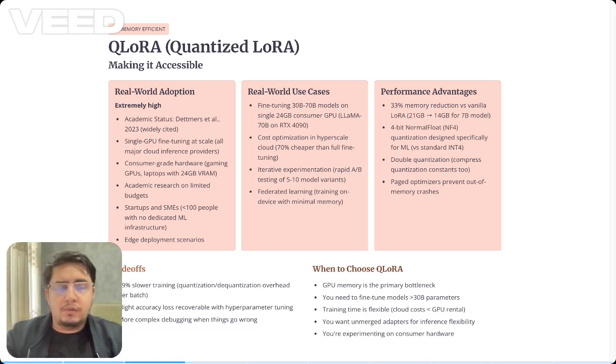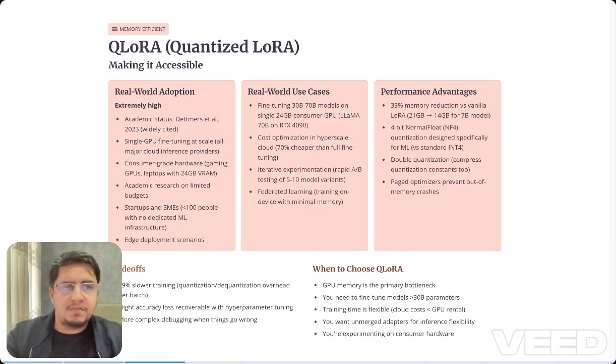Real world use cases include being able to fine tune 30 to 70 billion or even larger parameter models on limited or constrained hardware, and it's also used when you have to run iterative experimentation for A/B testing with 5 to 10 different model variations, which is a very practical use case for it.